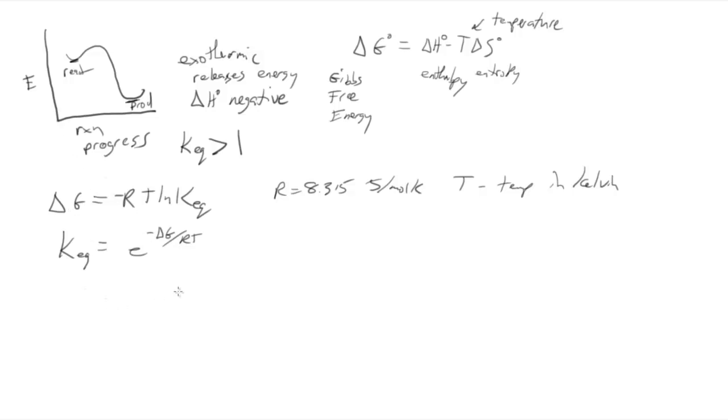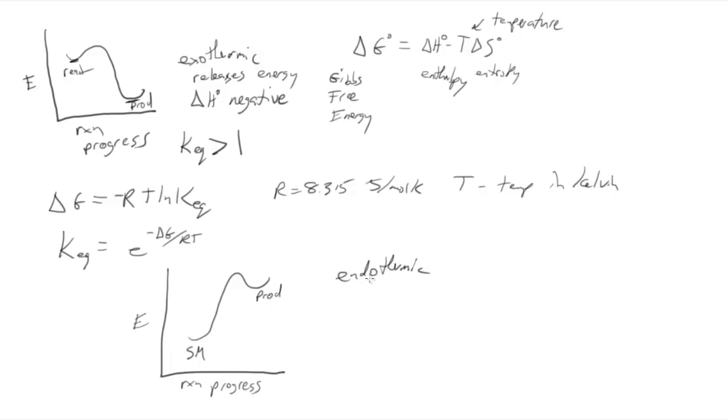So now let's look at the opposite example. Here's my energy. Here's my reaction progress. Here's my starting material or reactants. Here are my products. So now for this reaction, energy had to go in to make the reaction occur. That makes it endothermic. The other one releases energy.